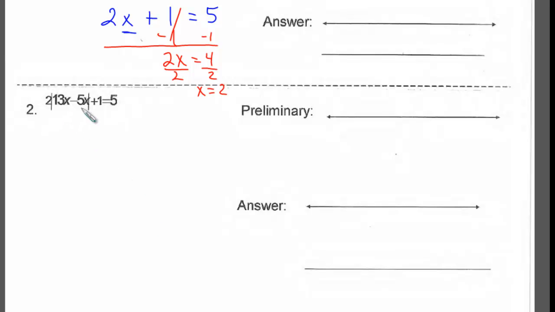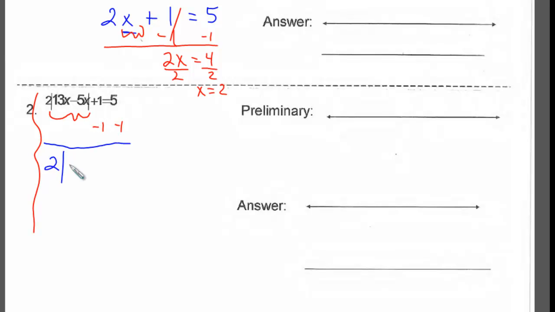Just because it's an absolute value does not change how we solve equations. We want to work the same way by isolating the absolute value. Just like I got x by itself, I want to get the absolute value symbol by itself. So in this particular problem, the first thing I want to do before I start solving is to isolate. So we get the absolute value by itself by subtracting 1 from both sides.